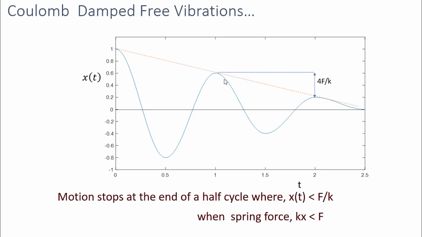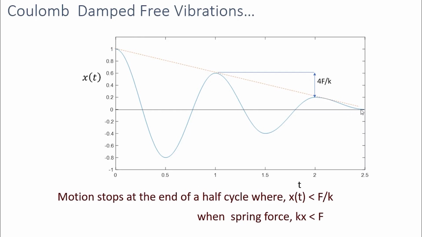So in each cycle, the amplitude of the response reduces by 4F/k, and when the displacement response is less than the value of F/k, that is equivalent to a static response. So when the displacement response is less than F/k, the motion stops.